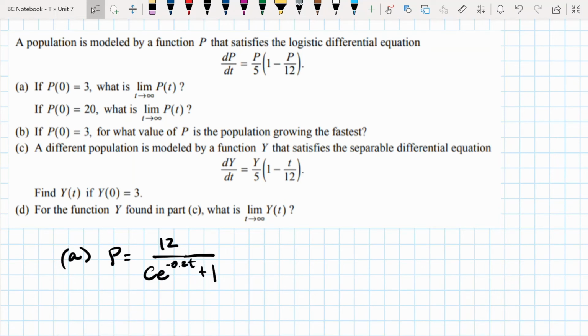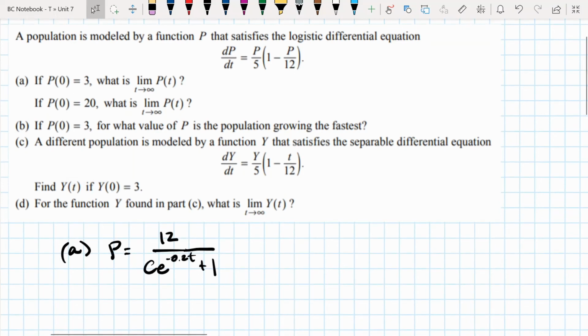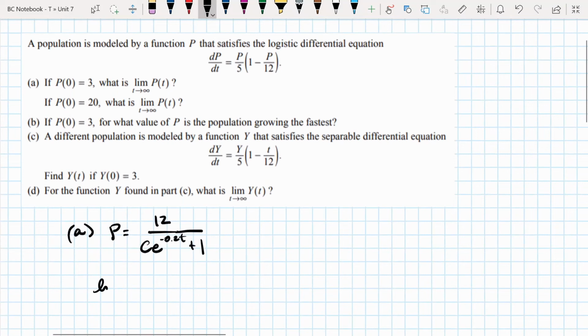One way you can think about this question is regardless of the initial position, the C value, the limit as t approaches infinity of P is going to be the same number. That number is 12, because this will tend to 0 if you plug in infinity.